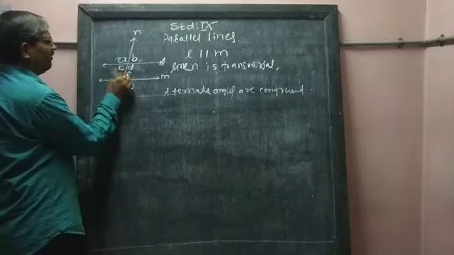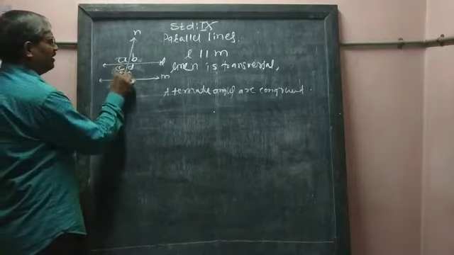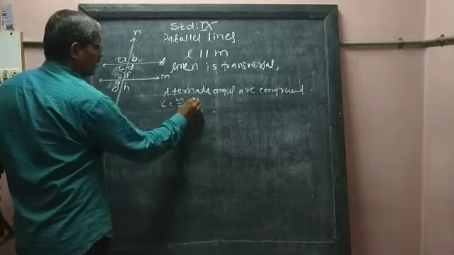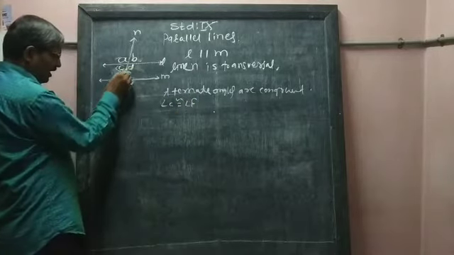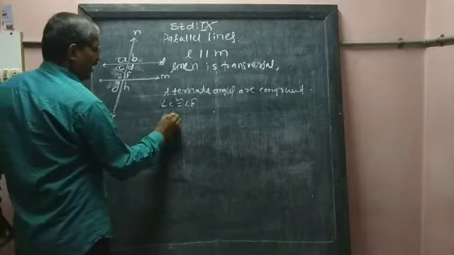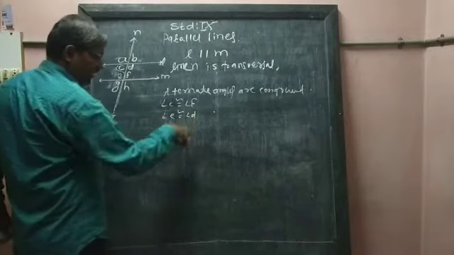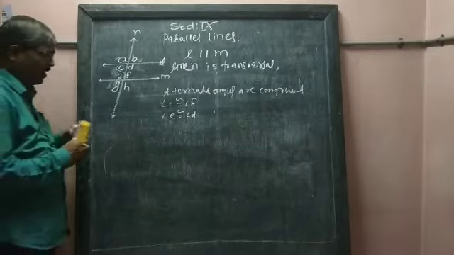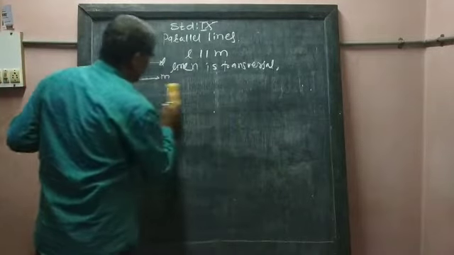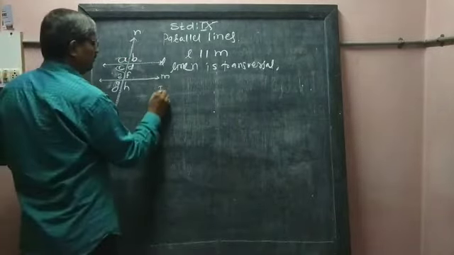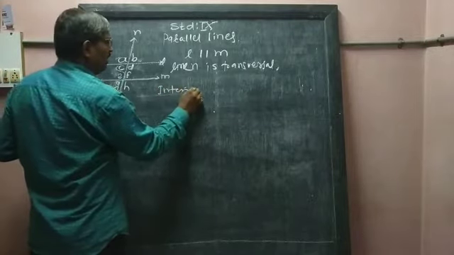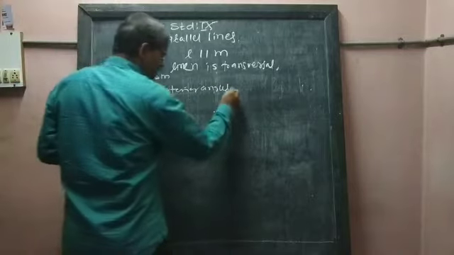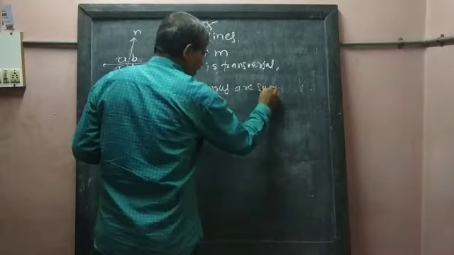Angle C and angle F: angle C is congruent to angle F. Similarly, angle D and angle E: angle E is congruent to angle D. These are alternate angles. Now we have to check which are interior angles. Interior angles are supplementary angles.